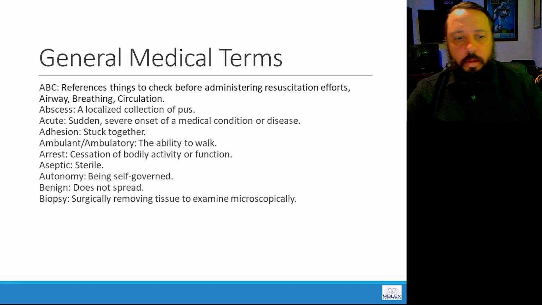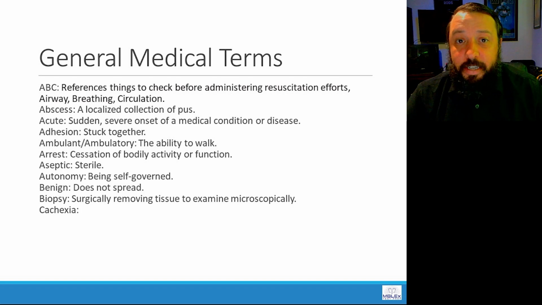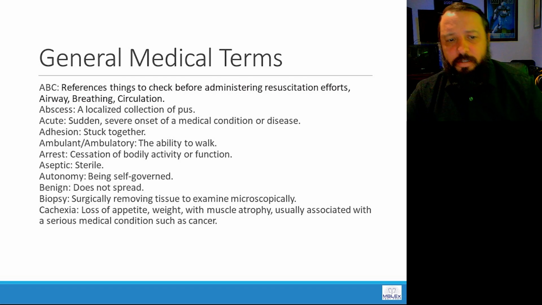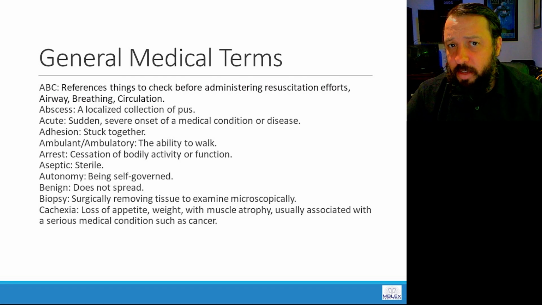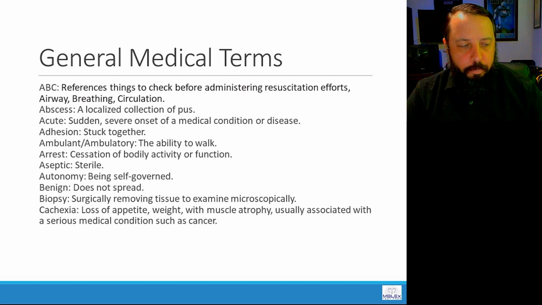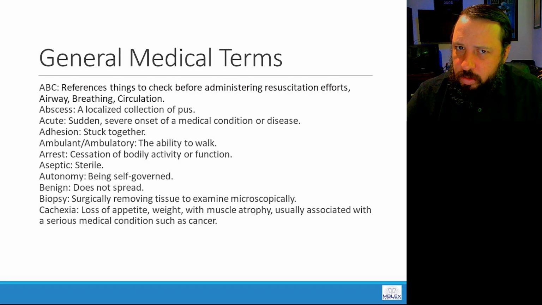Okay, moving on, cachexia. So cachexia is loss of appetite and just general malaise that you might see in somebody who has advanced stages of certain diseases like cancer, where they might experience weight loss. They might just not want to move.